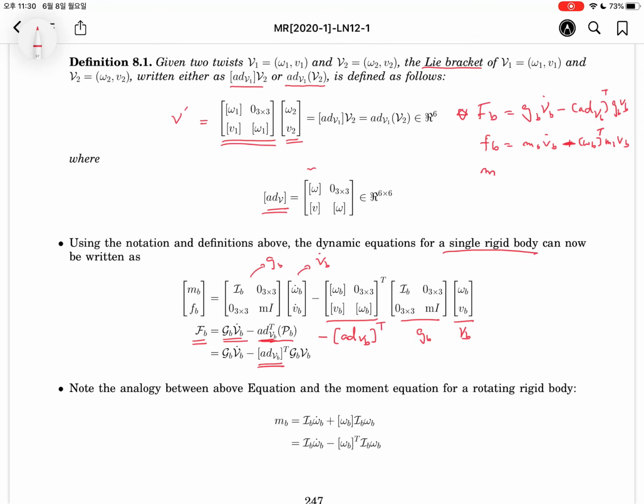The rotational dynamics: MB is equal to IB omega B dot minus, at this time the transpose operator is required, omega B transpose IB omega B. It looks like a generalization of the cross product operator, right? It corresponds to omega B. So the Lie bracket, or the adjoint of VB, will be used to derive the equation of motion.